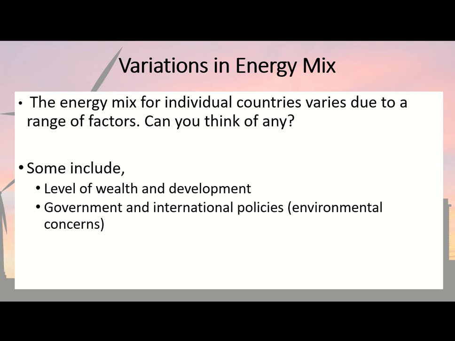The government and international policies. If the UK government want to stick to their climate agreement targets and environmental concerns, they absolutely need to reduce their reliance on non-renewable energies. So they've already said that they want to try and stop people being able to buy new gas boilers past 2025. That's really soon. And actually, unfortunately, there's not the power or the funding in place to develop the renewable sources.